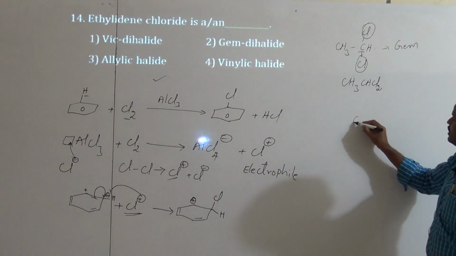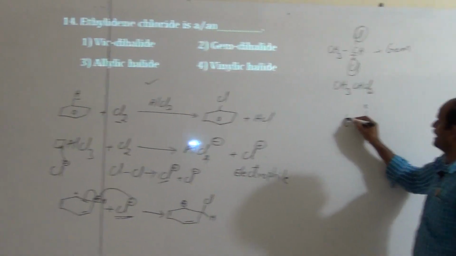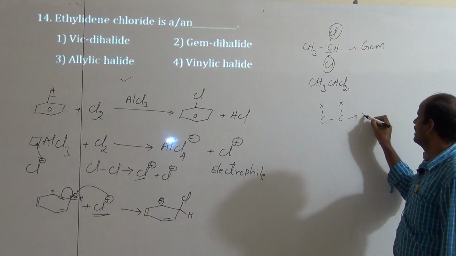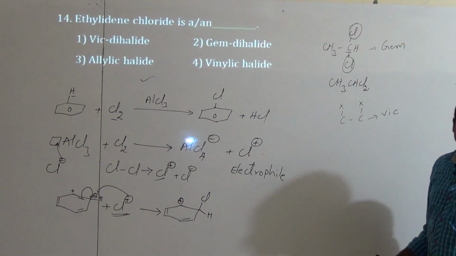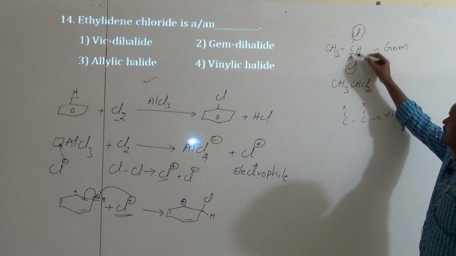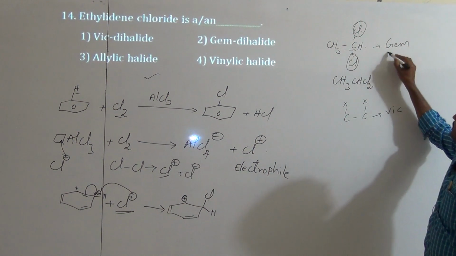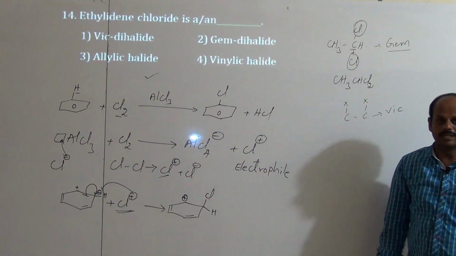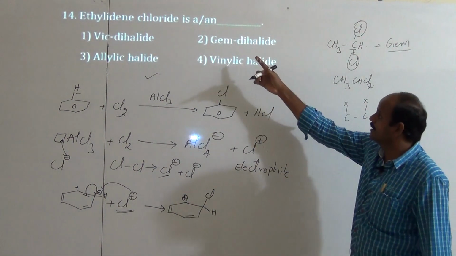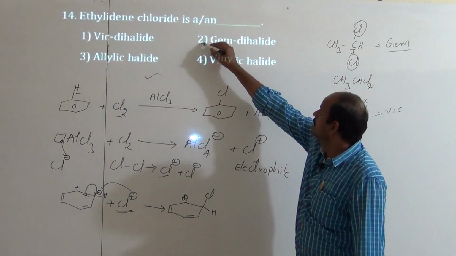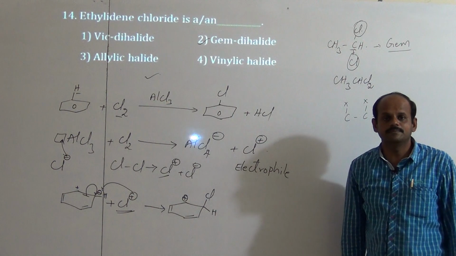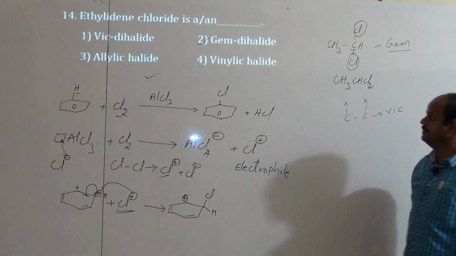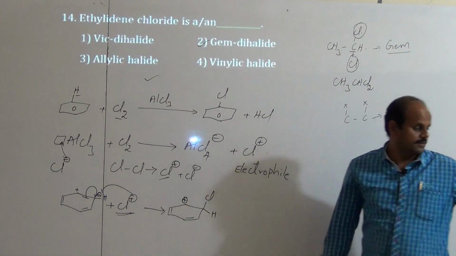Vicinal dihalides means two halogen atoms should be present on adjacent carbon atoms. But when two halogen atoms are present on the same carbon atom, that is called a gem dihalide. Thus this ethylidene chloride is an example of a gem dihalide. Okay. Next bit.